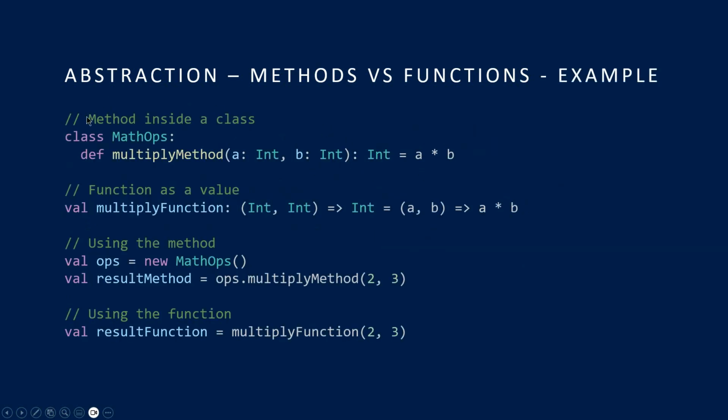So here we've got a method inside a class which is the multiply method, and here's the equivalent as a function, as a value.